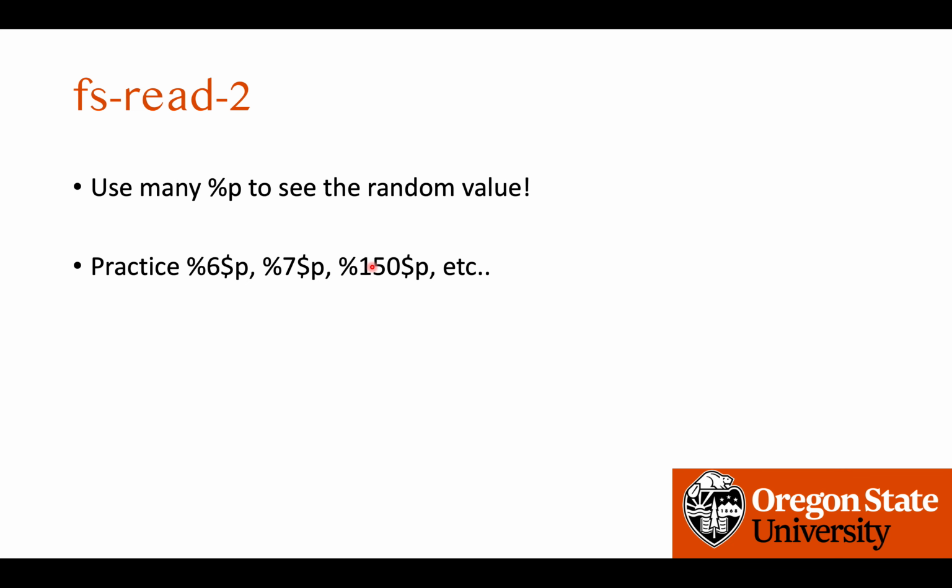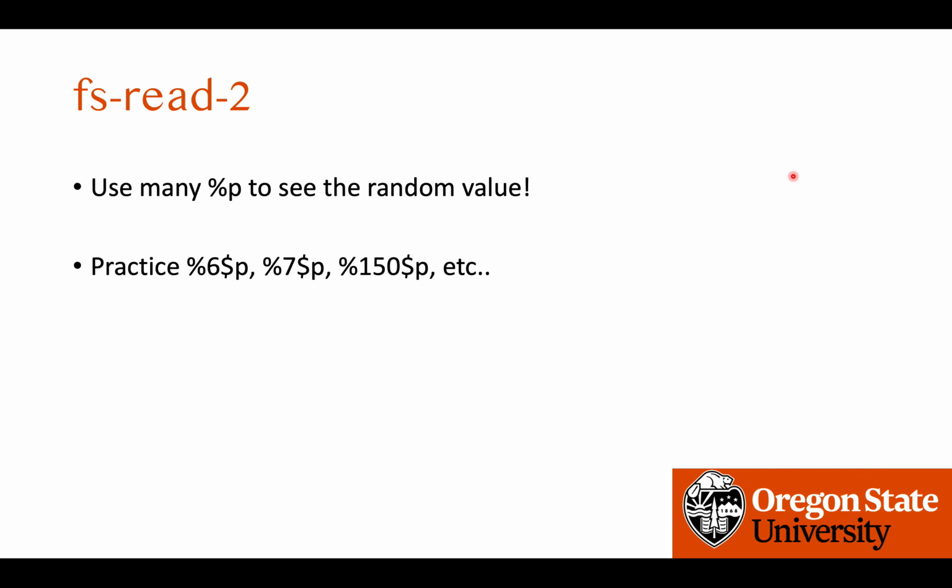So now we just learned how to convert the format string vulnerability into a sequential read. We just read some data from the stack, which does not require specifying an address. What we did is, by climbing up the argument numbers, we can leak the data in the stack. And we can also use a dollar flag to skip some of the unnecessary stuff in the stack and then leak the data.